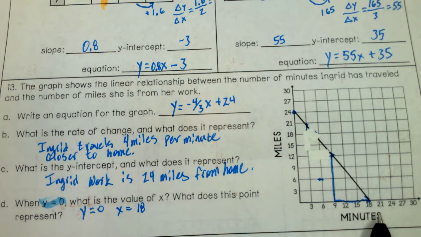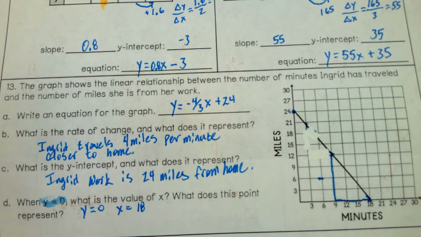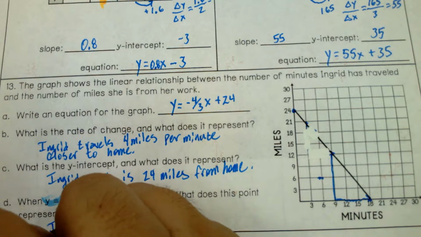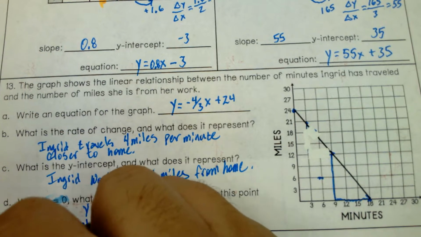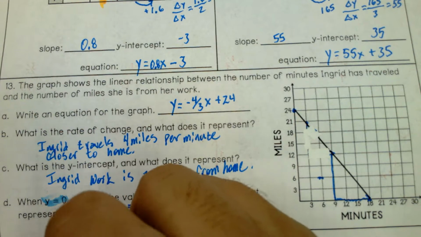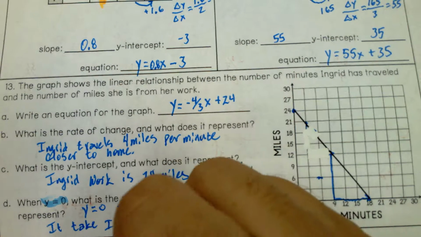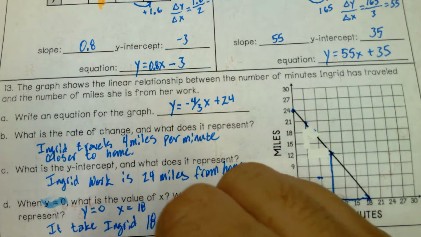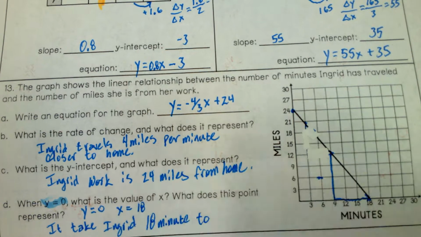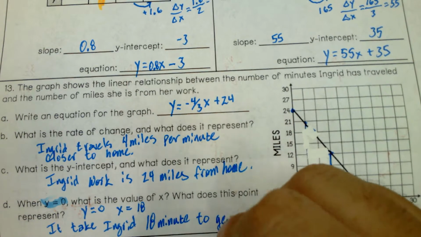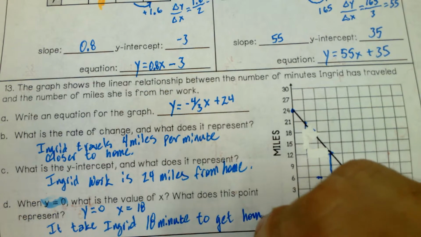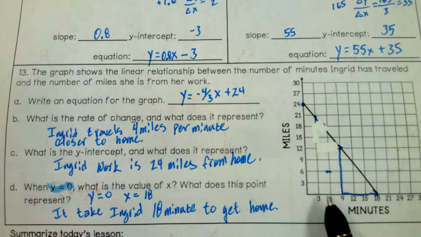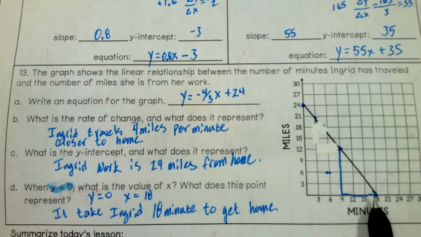Yeah, the minutes, and that's minutes to get to work, or back. So we could say it takes Ingrid 18 minutes in this case to get home, because the graph is going downwards.